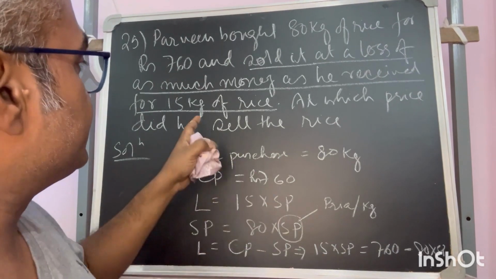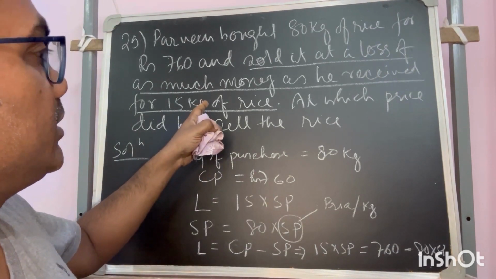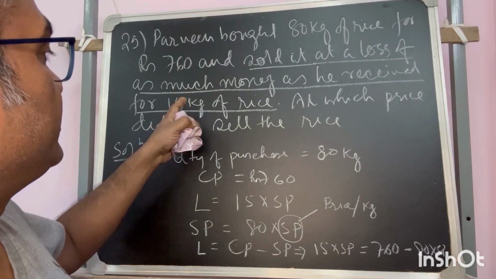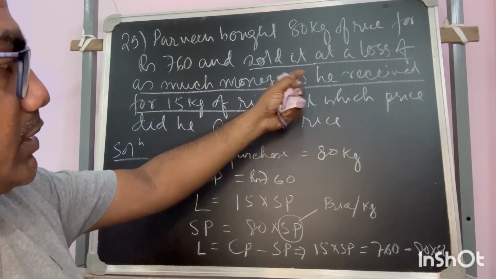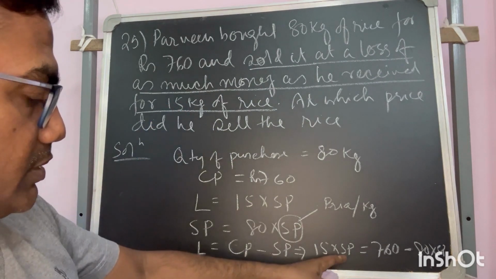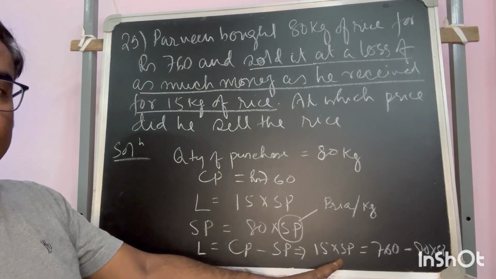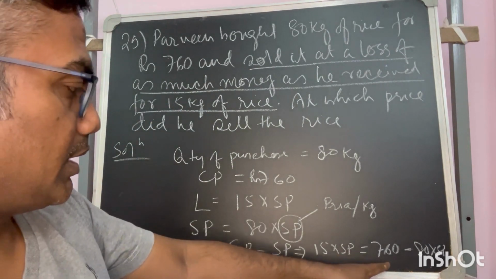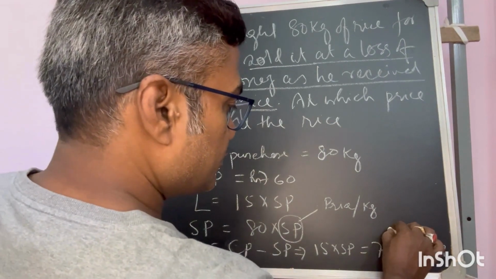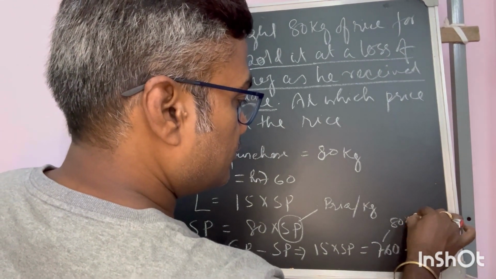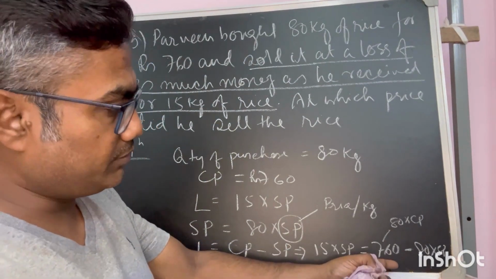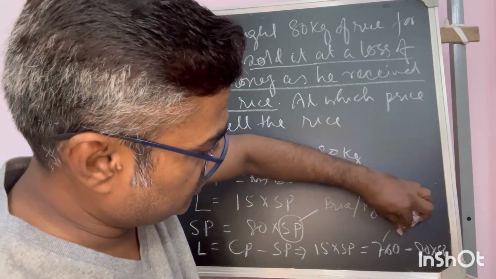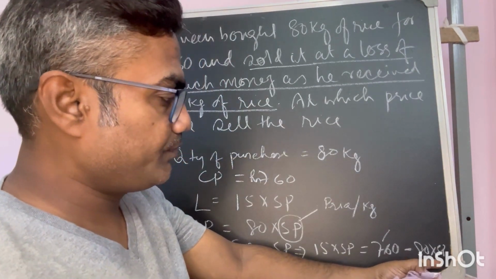Here, because everything is in units, with 15 kg of rice that must be multiplied by the per kg selling price. So I am assuming the selling price per kg, and this is equivalent to the cost price, 760. Everything is converted into the whole price.